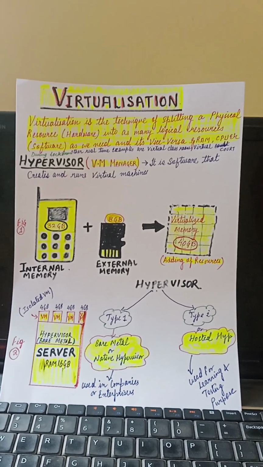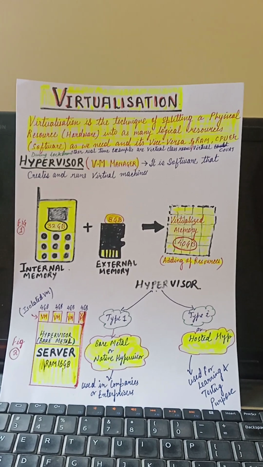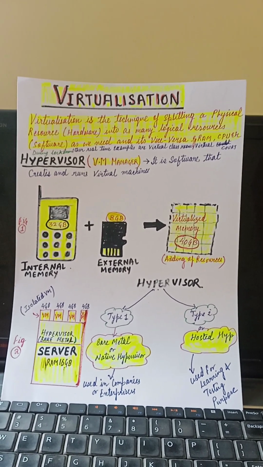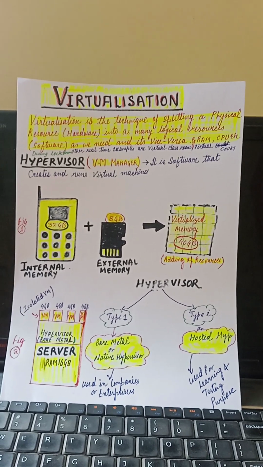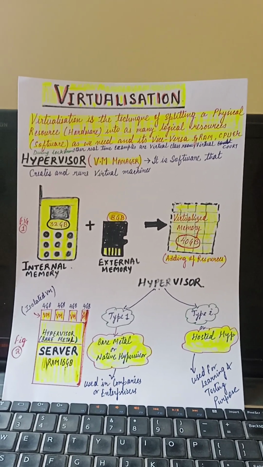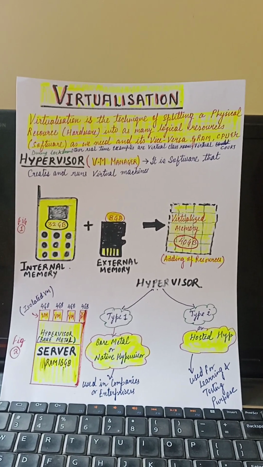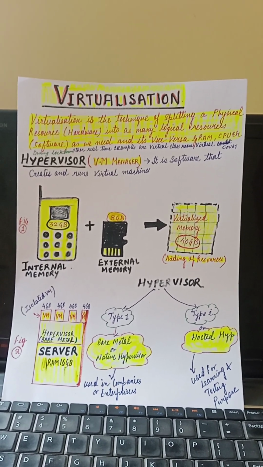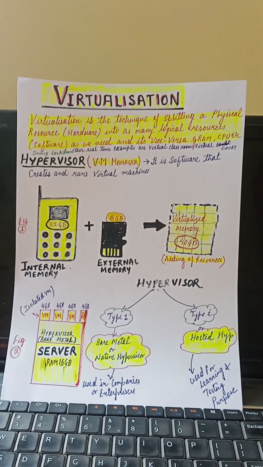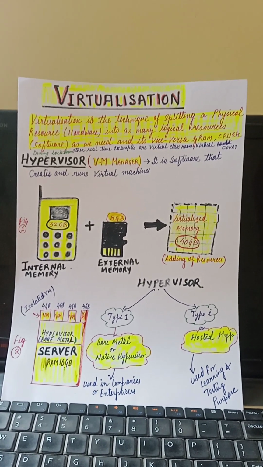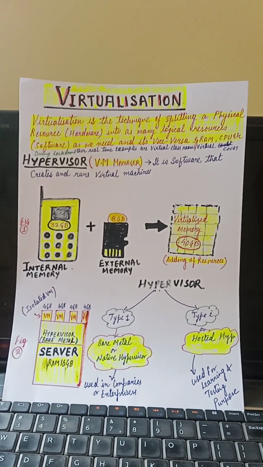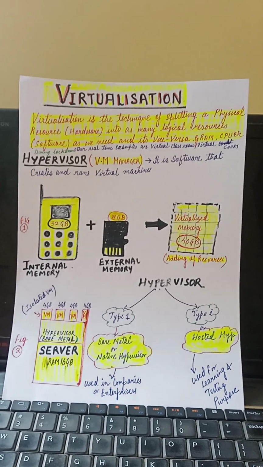In the next figure, we can see a server of 16 GB RAM, above it a hypervisor of type 1 bare metal, and above that 4 VMs, virtual machines, which are isolated from each other. 4 VMs of 4 GB each, isolated from each other, are running.